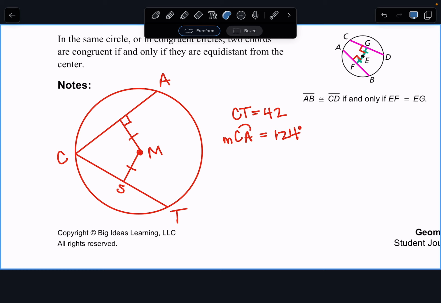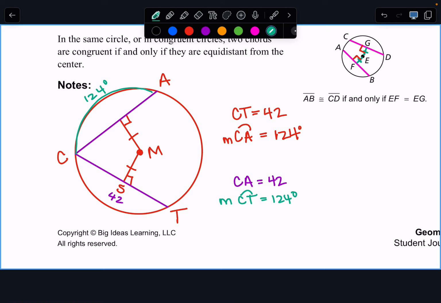Okay. If CT is 42, what's true about CA? It's 42. We know that because our chords are equidistant from the center. If the measure of arc CA is 124, what's true about the measure of arc CT?